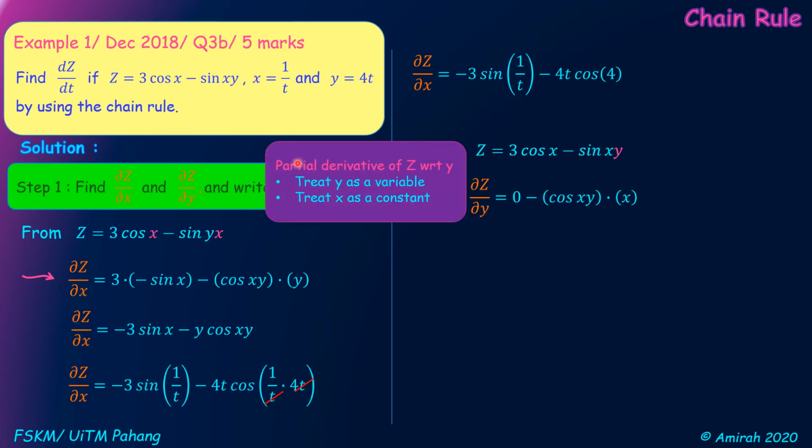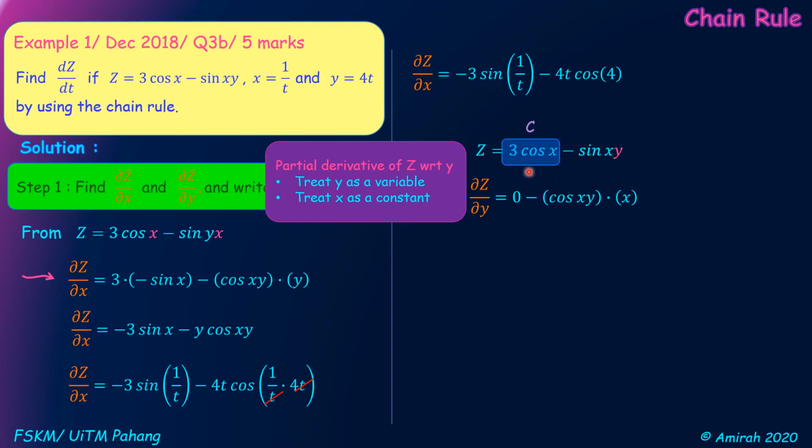So del z over del y means the partial derivative of z with respect to y. Now we treat y as a variable and we treat x as a constant. Since we treat y as a variable, we can write y in different colors so that it is easy to differentiate.